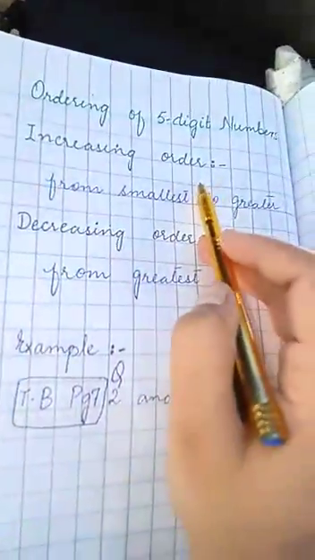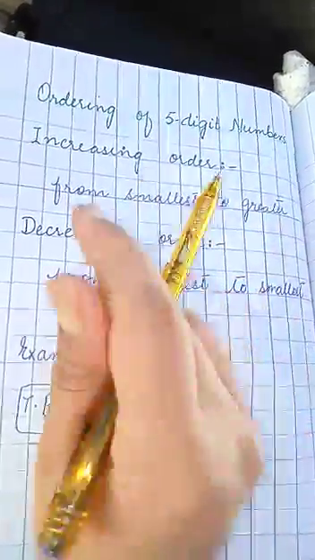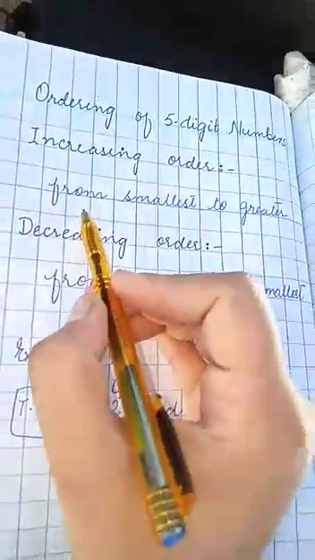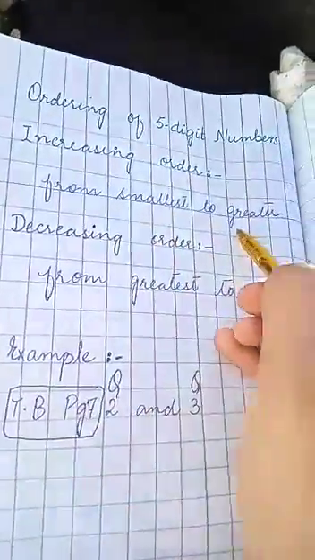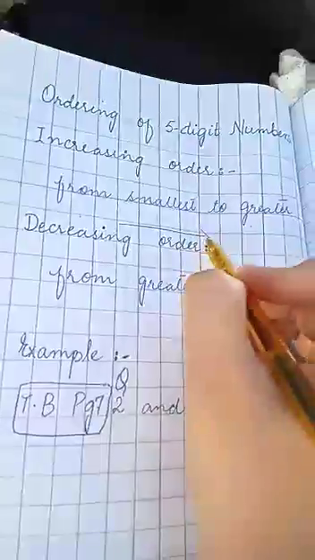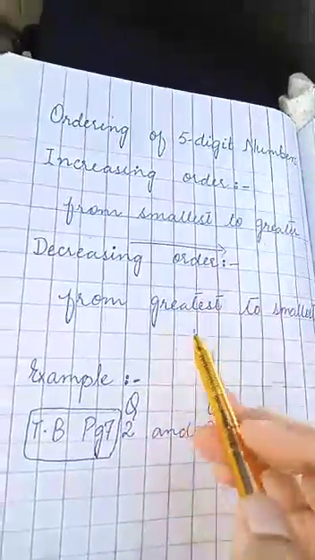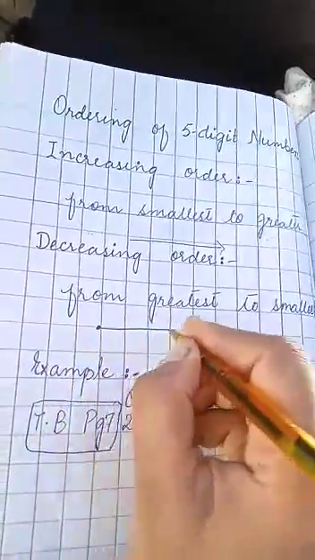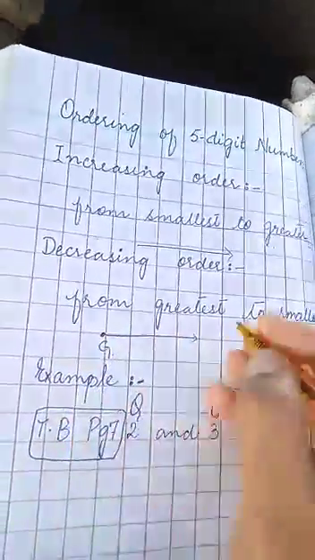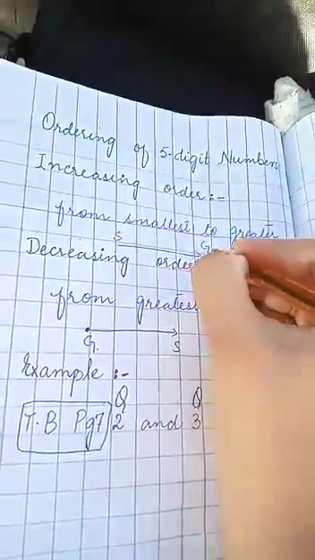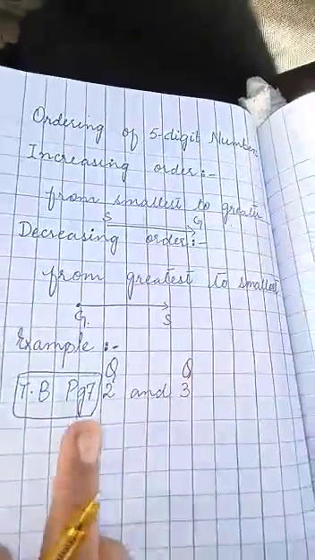In increasing order, we write all the given numbers from the smallest to the greatest. In decreasing order, we start from the greatest and move towards the smallest.